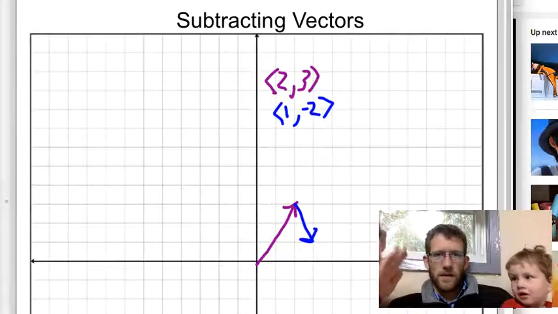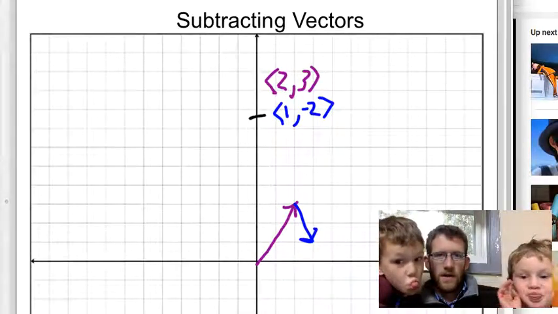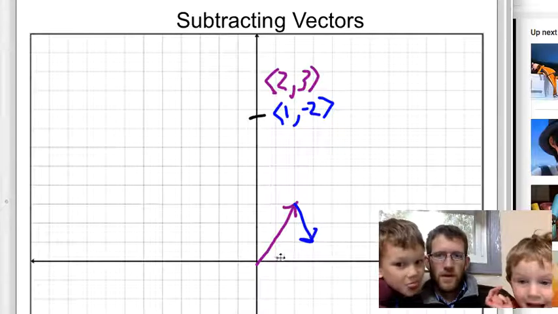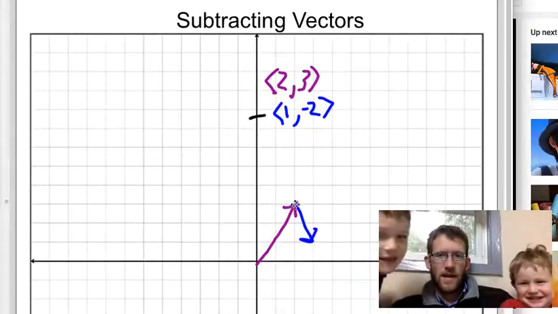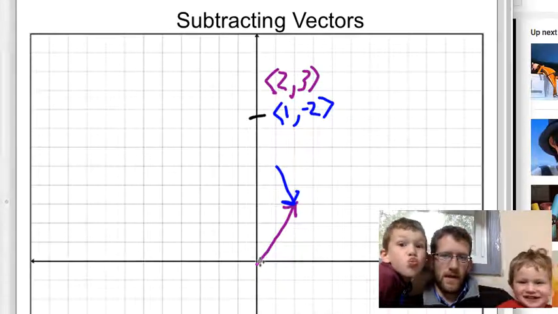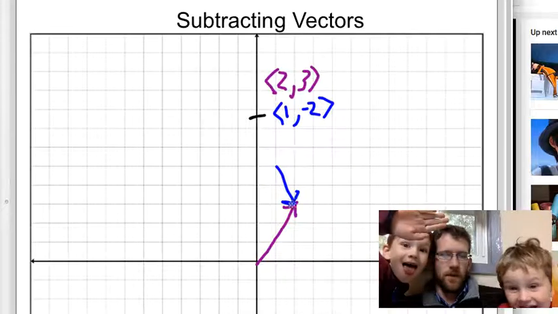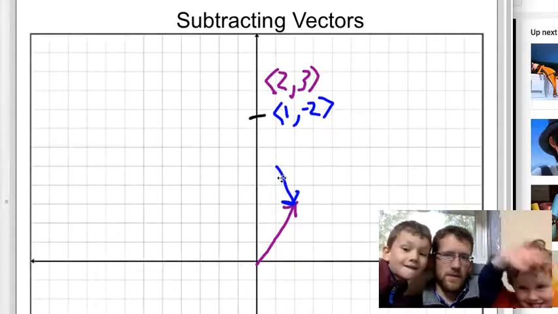And then I could subtract these vectors. Essentially, unlike adding them, where I link them end to end, I'm putting them point to point like that. I'm going up this vector, and then if I subtract the blue one, I'm going backwards up the blue one here.